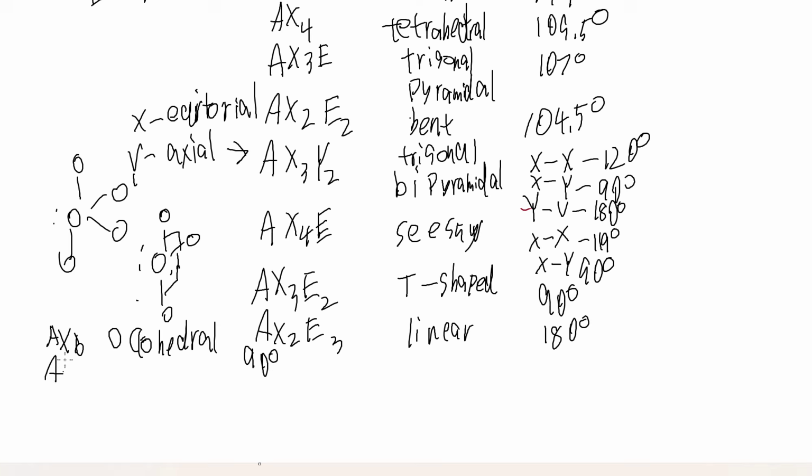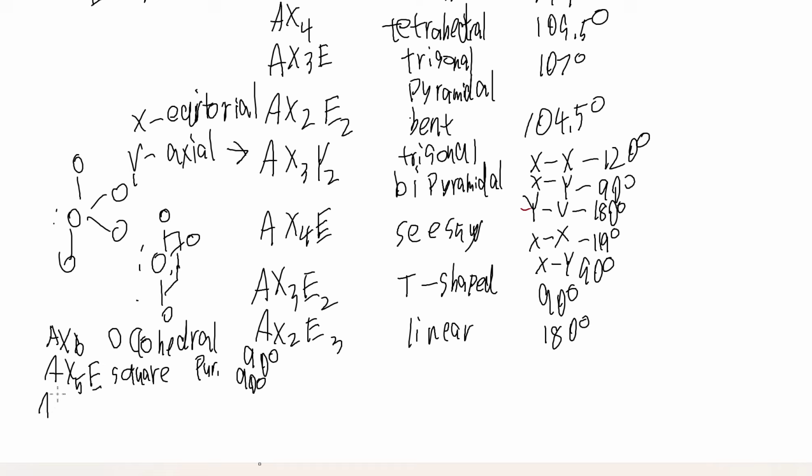Now AX5E1. This has a configuration known as square pyramidal. I'm just going to label it PYR for now. And this still has 90 degrees all around, because if you imagine you're substituting one of the axial positions for a lone pair, this forms a square pyramid where the octahedral once stood.